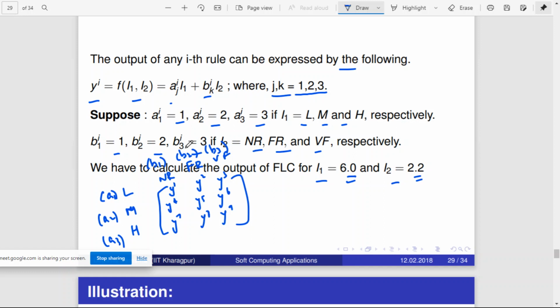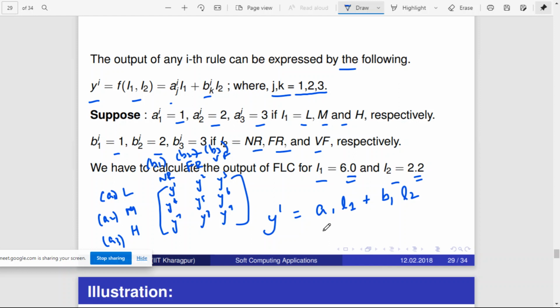So Y1 is connected with A1 and B1, so A1 I1 plus B1 I2. A1 will always be 1 and B1 will also always be 1. So it will be nothing but I1 plus I2. This is for Y1.